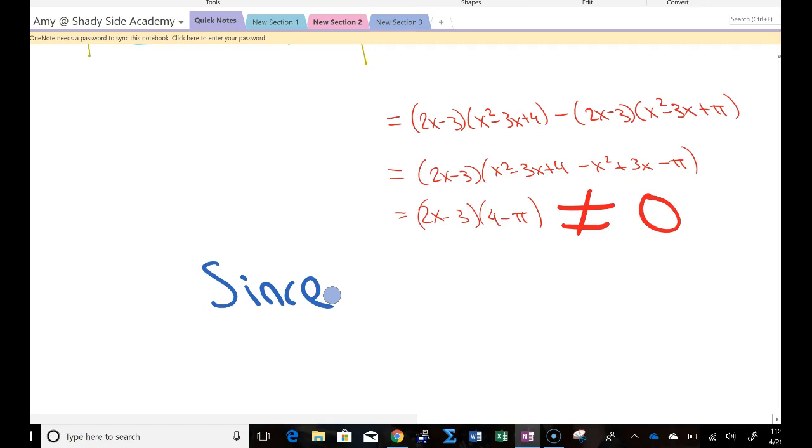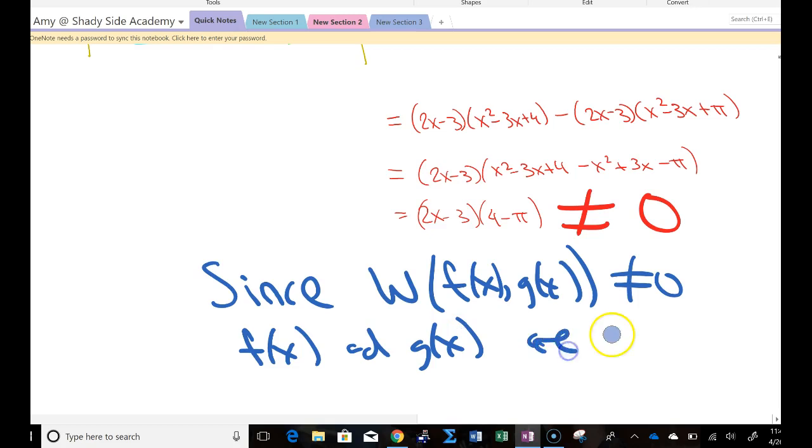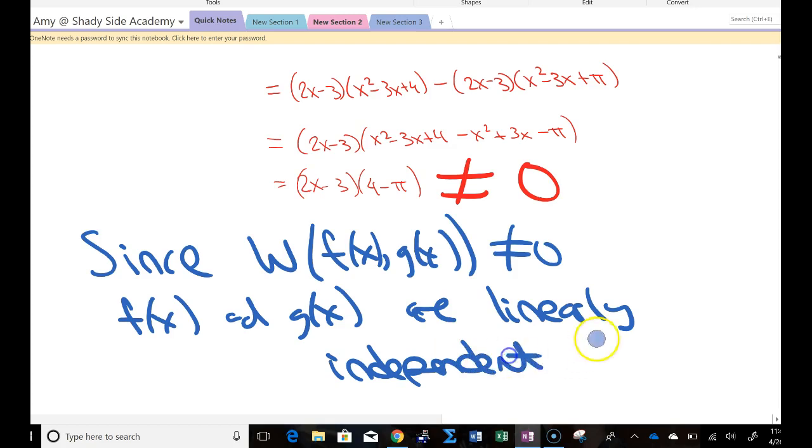They are linearly independent. Since the Wronskian of f of x and g of x did not equal 0, that means f of x and g of x are what's called independent functions, or linearly independent functions.